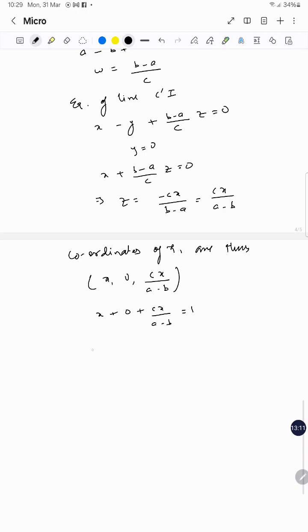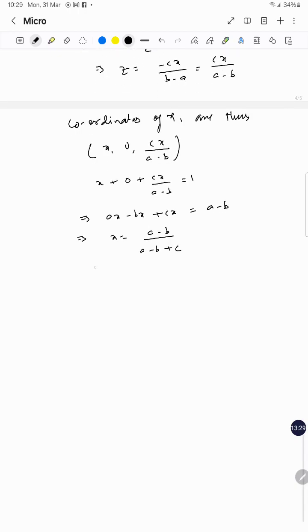We would like to know what the value of x is. ax minus bx plus cx is equal to a minus b. x is equal to a minus b upon a minus b plus c. So Y1 is a minus b upon a minus b plus c, 0, c upon a minus b plus c.